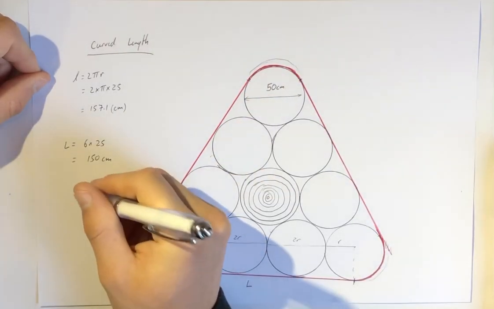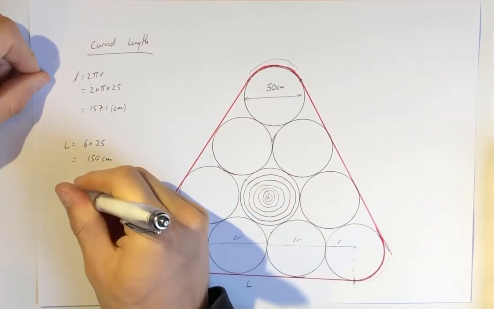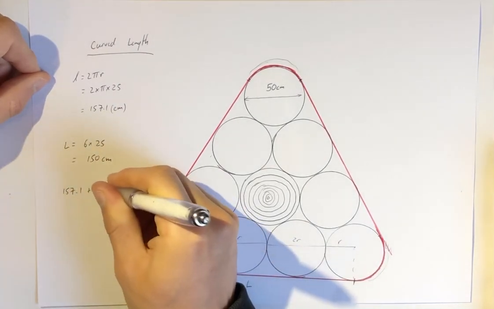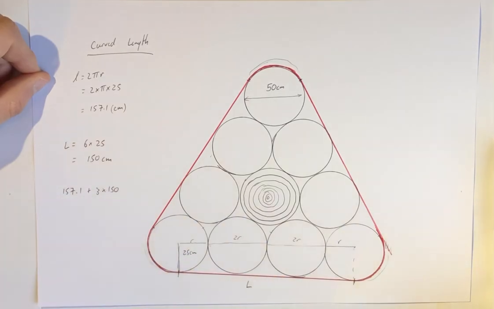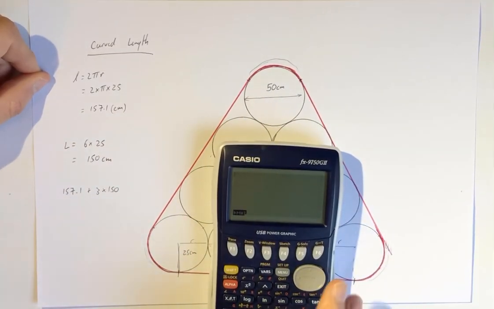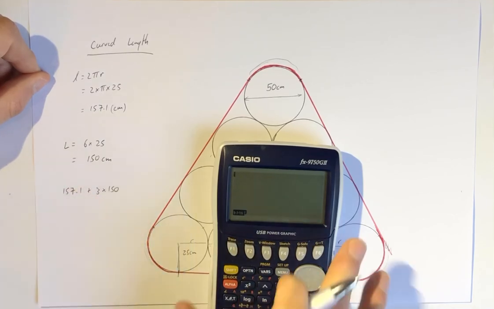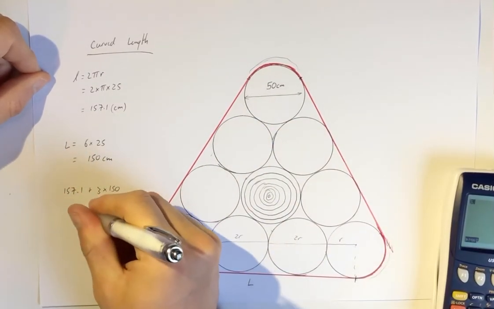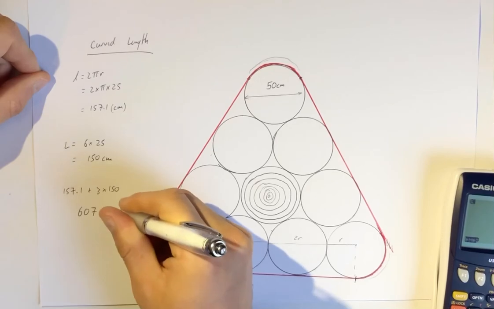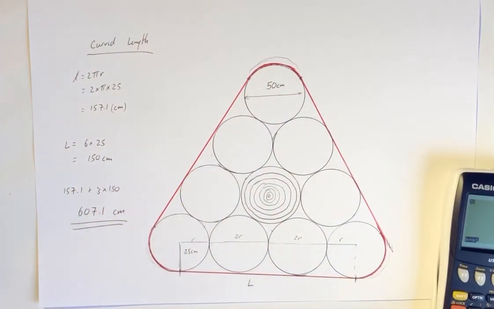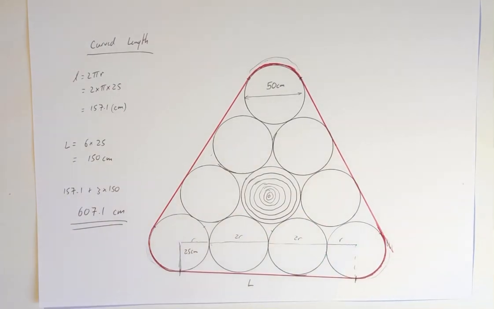So the total length around the outside is 157.1 plus 3 lots of 150. 3 lots of 150 is 450 and 157, so we've got 607.1 centimeters around the outside. That's a nifty little problem actually.